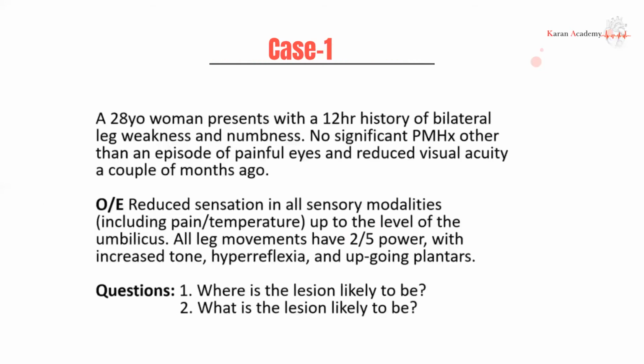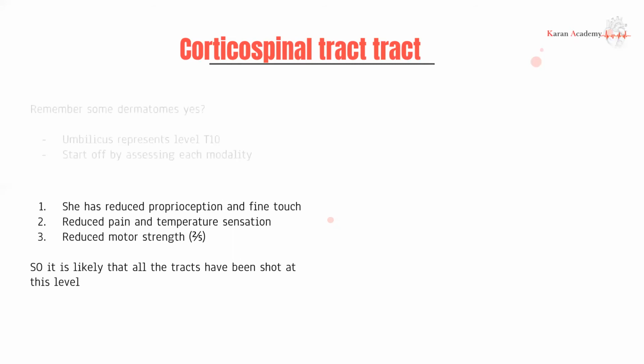You would say, well, they're affected to the umbilicus. Now, where is pain and temperature affected to? Again, the umbilicus. Where is the motor strength, or the corticospinal tract, affected up to? Well, I can't really say umbilicus because we don't exactly have a T10 versus T11. It's not as exact, but we know that leg weakness is present bilaterally.